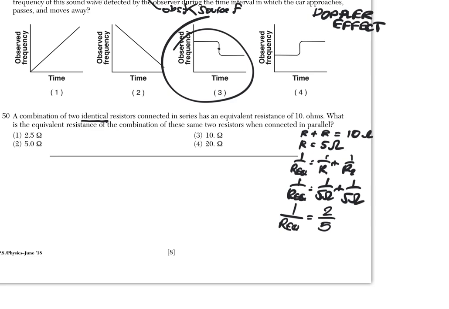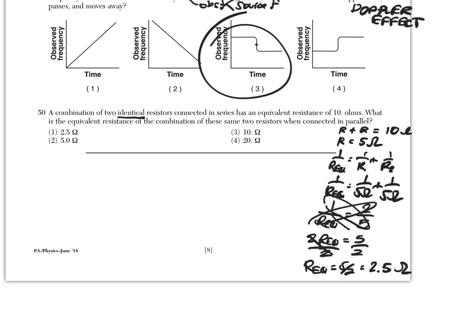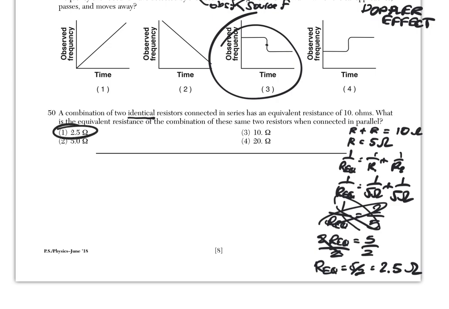And so if I cross multiply with the little loops, I get 2 Req is equal to 5, 5 over 1, really. And so I divide by 2 and I get that Req, the equivalent resistance, is 5/2, otherwise known as 2.5 ohms, and that is going to be choice 1.